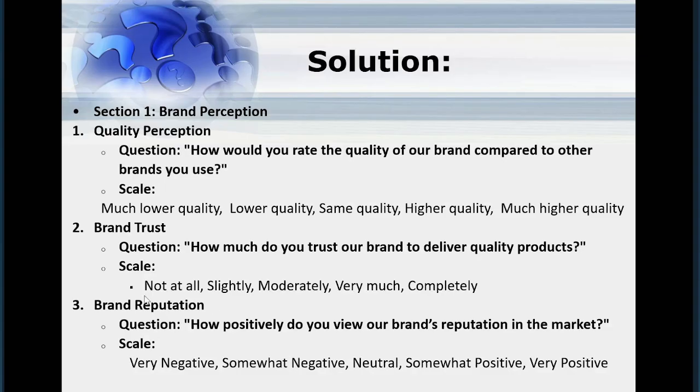Now, for quality perception, we have taken the first question: how would you rate the quality of our brand compared to other brands you use? And we have used a scale ranging from much lower quality to same quality to much higher quality. Then the second construct in this section of brand perception is brand trust.